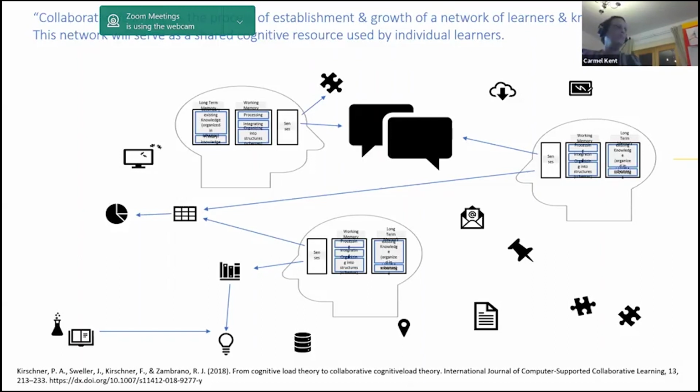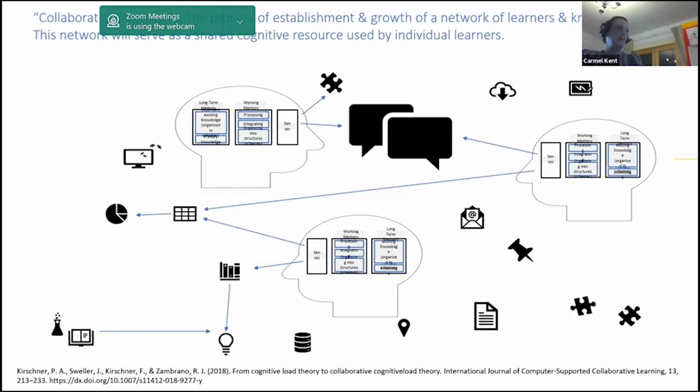In the paper that we put here on the bottom side of the slide, Sweller and Zambrano introduced the concept of collaborative cognitive load theory, which stresses that most of the information we acquire is coming from long-term memories of other people. So it's actually borrowed from other people's long-term memories.